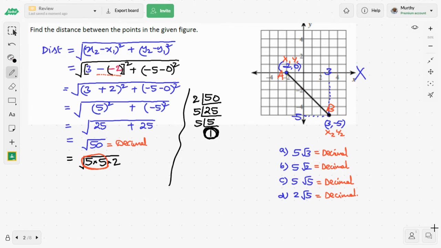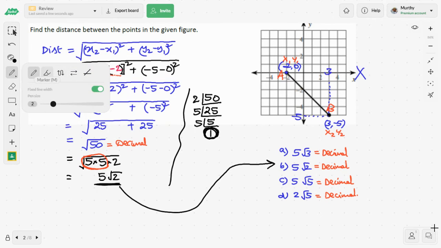So square root of 5 times 5, which is 25, square root 25 gives me 5, and square root of 2 I can't compute. Therefore 5 root 2, this is the final answer, right? So this is matching with this one, so option B is the answer for the given question.